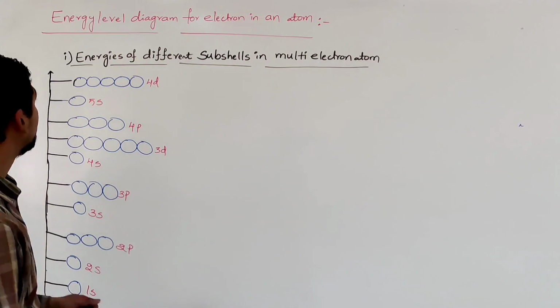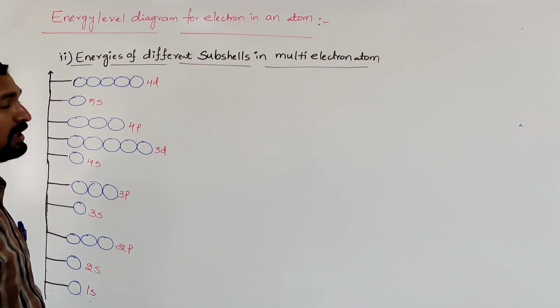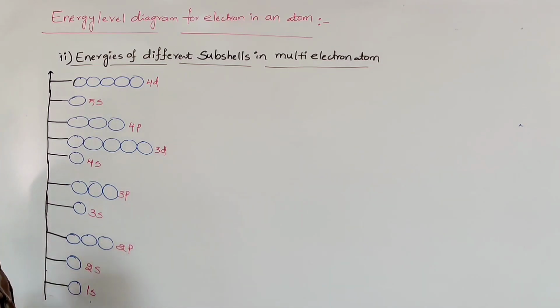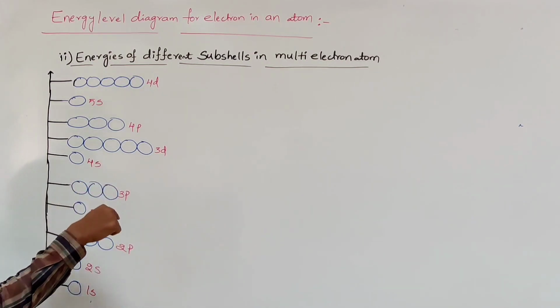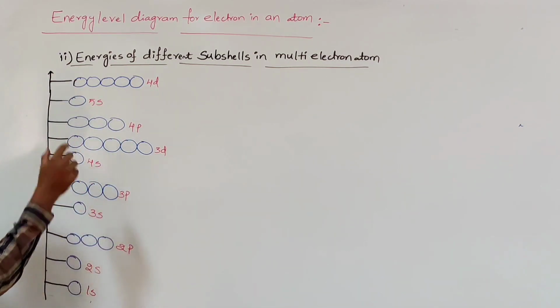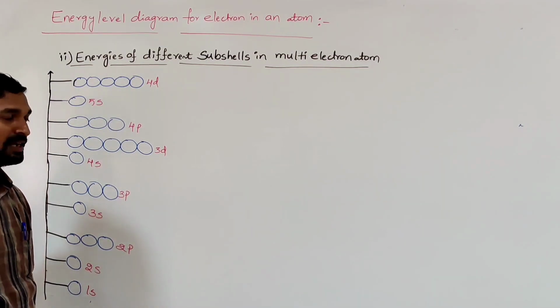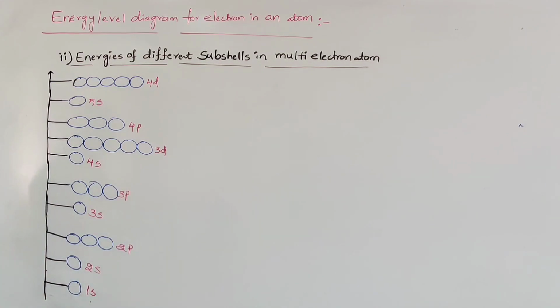Now comes the second topic, the energies of different subshells in multi-electron atoms. There is a difference between the energy level diagram for the subshells in the hydrogen atom and in multi-electron atoms. What is the difference? We can easily predict it by seeing that diagram. In the hydrogen atom, the energies of various orbitals in a given principal energy level are the same, even though their azimuthal quantum numbers are different.